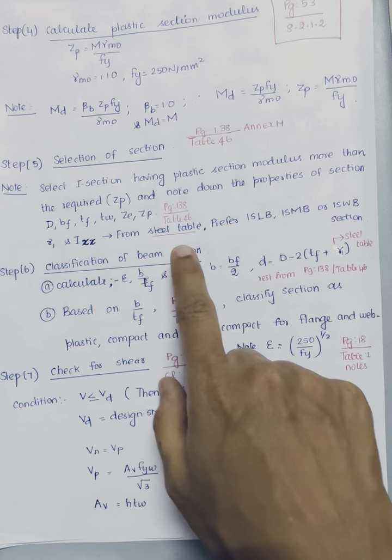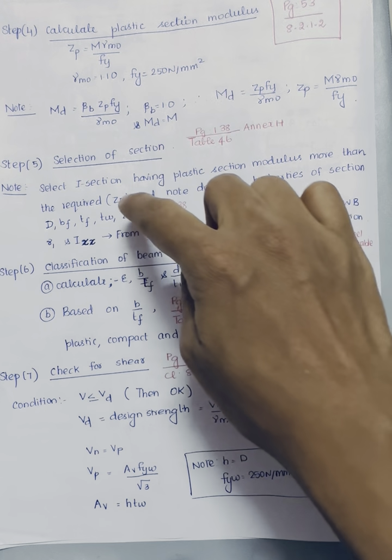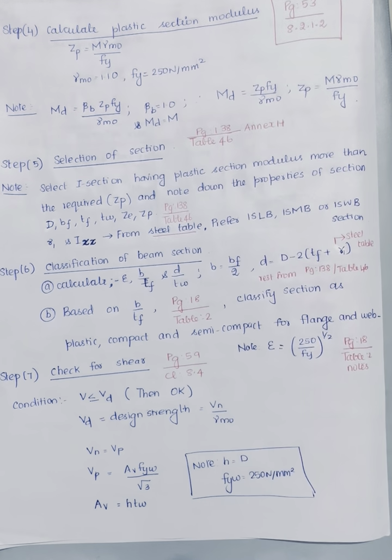So this can be obtained from the steel table based upon the section that you have chosen from this IS 456. Okay. So select I section having plastic section modulus more than the required ZP. Required ZP is the one that you have calculated using this formula in the above step.